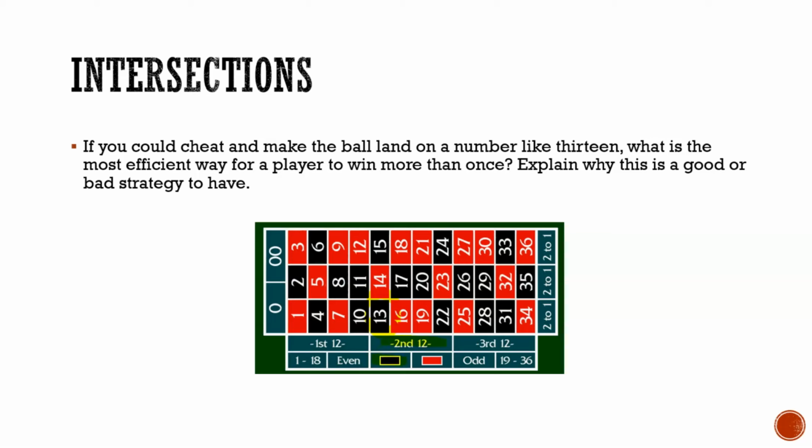You can put a chip on black, 1 through 18, the first half, on odd, first column. Lastly, you can put a chip on, of course, the number 13 itself. So you can place a chip on 1, 2, 3, 4, 5, 6, and this isn't the only 6. You could also do a split, etc. But there are many different ways that you can win more than once, and this would be an example of an intersection.